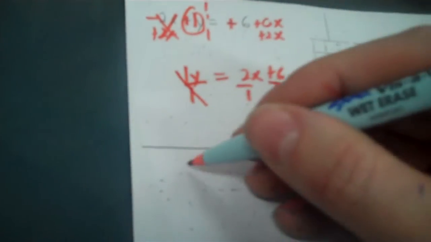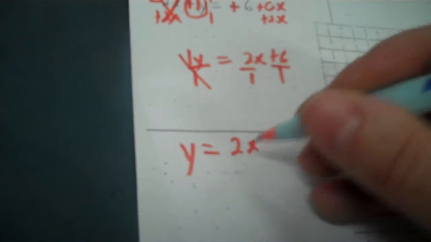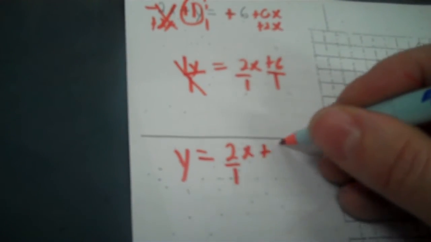Now the second part we have to divide by the 1. Really nothing changes. 2 divided by 1 is 2, but I need that as a fraction, so I keep the 1 there. 6 divided by 1 is 6. So m and b. Okay, so remember your b is on the y-axis, it's your y-intercept. So your 6, 1, 2, 3, 4, 5, 6.